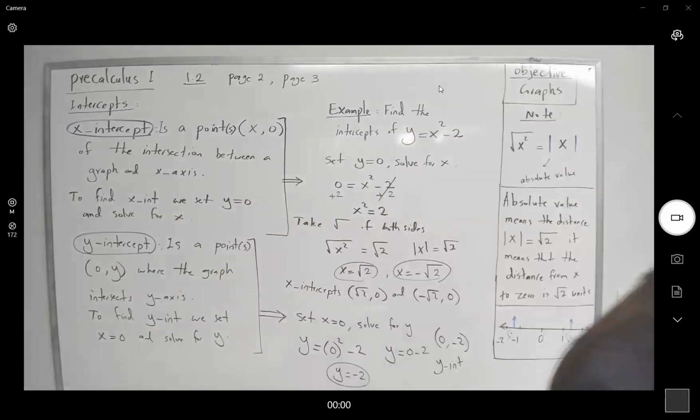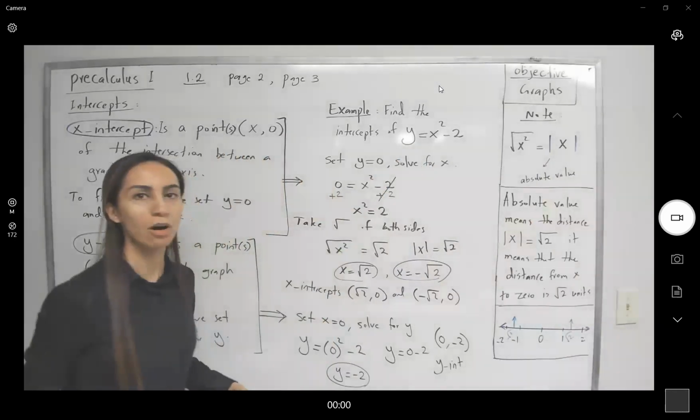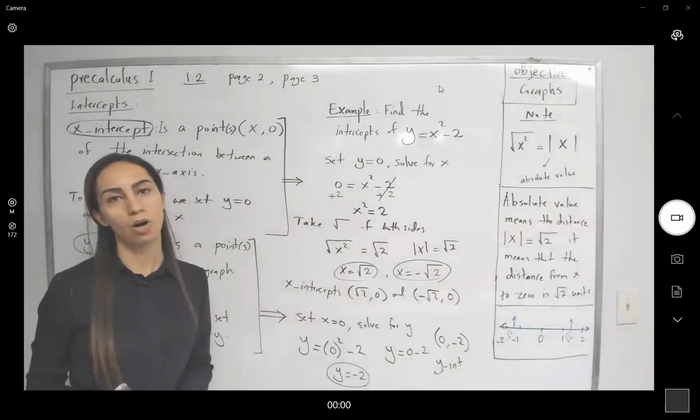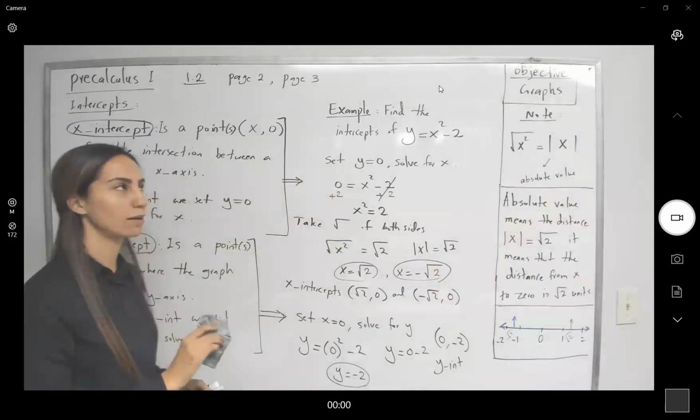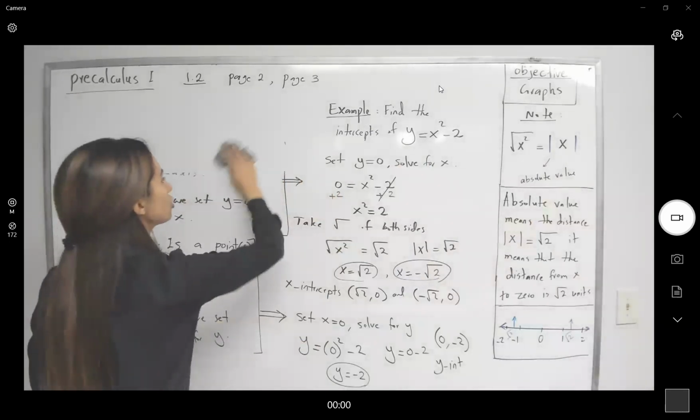Okay. So this guy is an example of a quadratic function, and the graph that you just observed is called a parabola. So let us write down the general definition of a quadratic function.